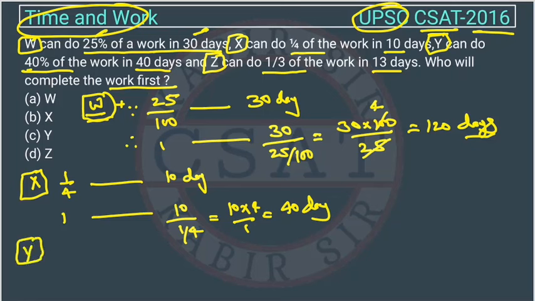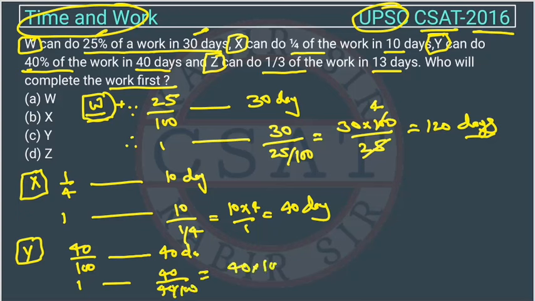So Y is able to complete 40%, or we can write 40 upon 100. So he is able to complete 40 by 100 of the work in how many days? 40 days. So one work he will complete in how many days? 40 upon 40 upon 100. So 100 will go up, this 40 will cut this 40. So this will be 100 days.